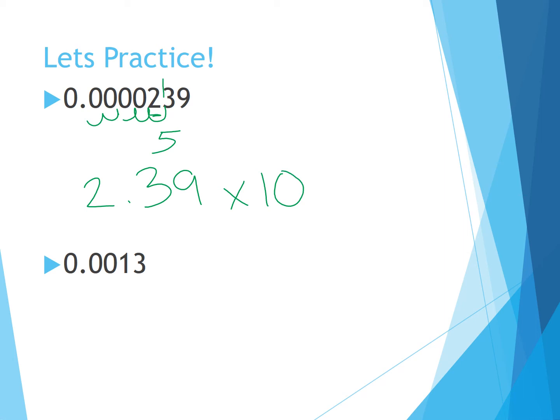Now, because it's a number less than 1 that we started with, it's going to be -5. Okay, let's do that again. So we want one number in front of the decimal point. That's going to be the 1. So we're moving here. That's going to be 1, 2, 3. 1.3 times 10. Start with a number less than 1. -3.